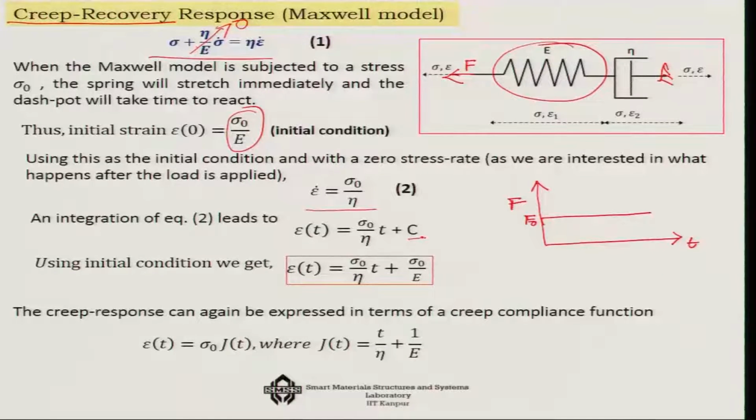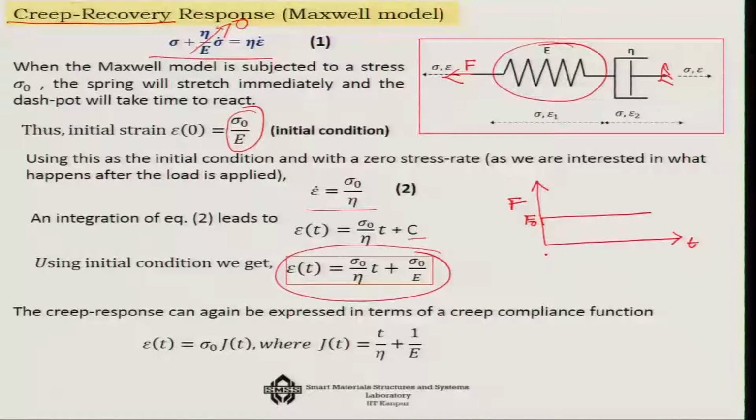Applying the condition that at t equals 0, epsilon 0 is sigma 0 over E, your C will be sigma 0 over E. That means your epsilon t will be sigma 0 over eta t plus sigma 0 over E.